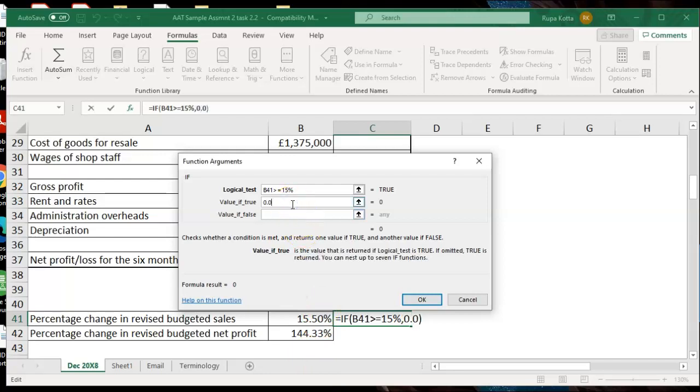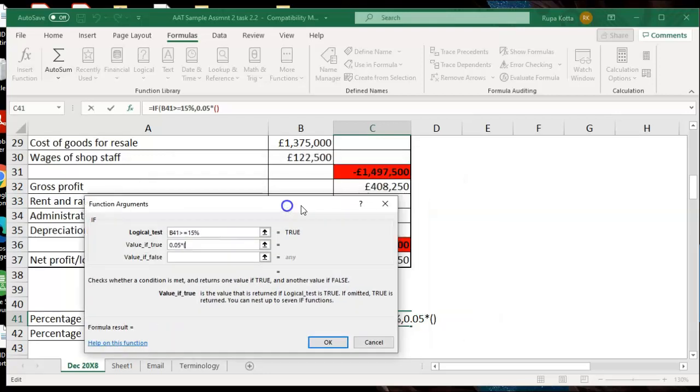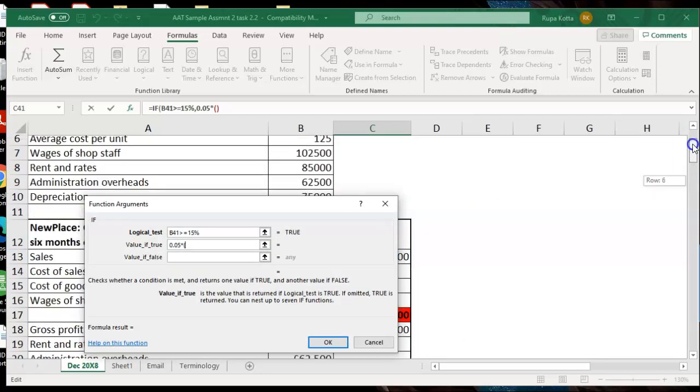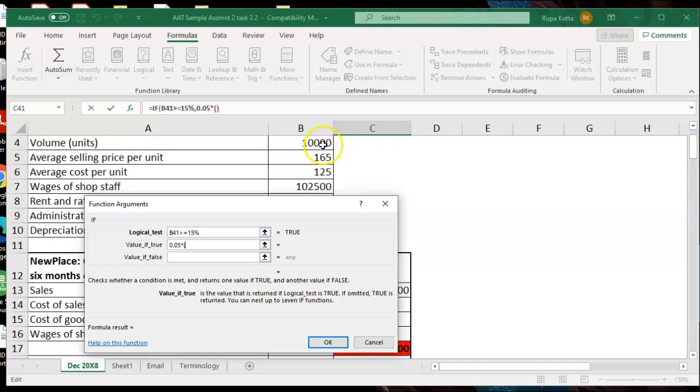So bonus is 0.05 for every unit sold in the new budget, isn't it? New budget sales was increased by 10% of the original budget. So this one multiplied by 1.1, or you can do plus before multiplied by 10%.